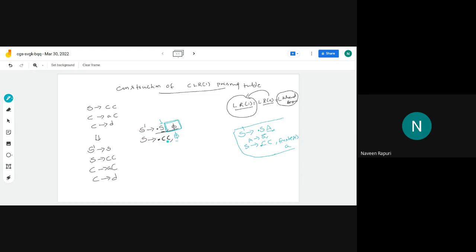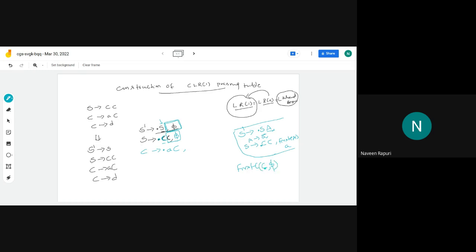Suppose after that we have S derives dot CC. After the dot there is again a non-terminal, so we need to add those productions produced by the non-terminal. So C derives dot aC. Here after the dot we take first of C comma dollar.